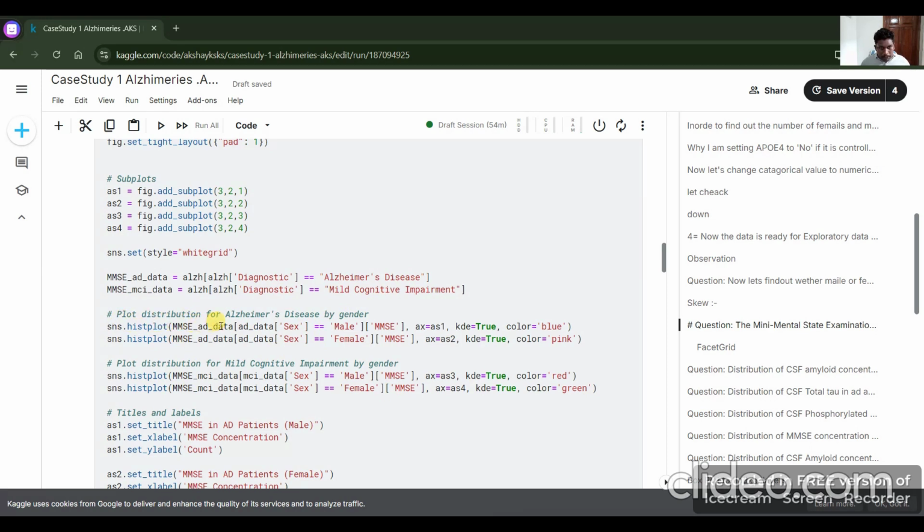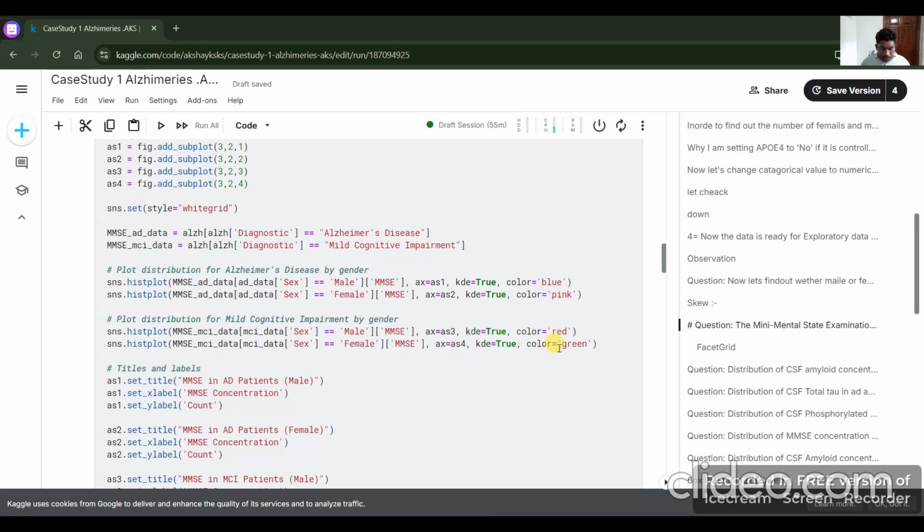Histoplot MMSC data, add sex male MMSC, KDE true, color blue. Histoplot data set sex female MMSC, color is pink.